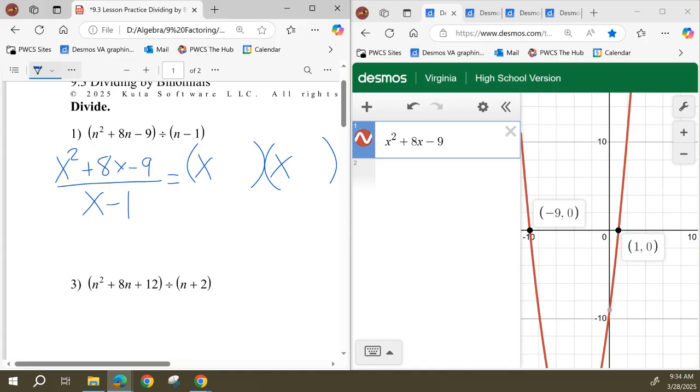And if you've done enough of the factoring problems, you would have noticed that whatever our x-intercept is, that sign is going to change. So x equals -9 would become x plus 9, and that would be one of our factors. And this x equals +1, when we move that +1, the way we did it when we factored, it becomes -1.